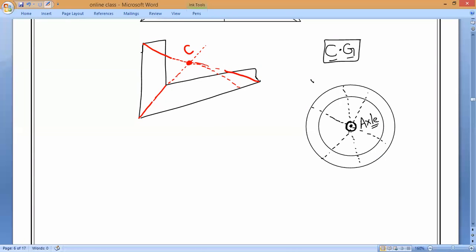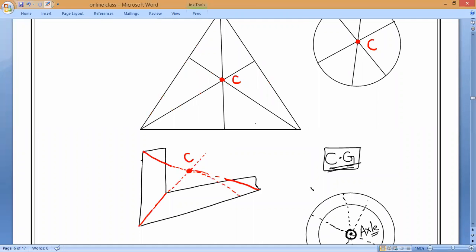So the axle is the center of gravity where the entire cycle wheel can be balanced. Do you understand, everybody? Yes, sir. So this is the center of gravity which we studied in the last class. I hope everybody understands this.